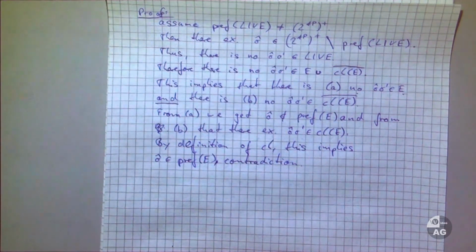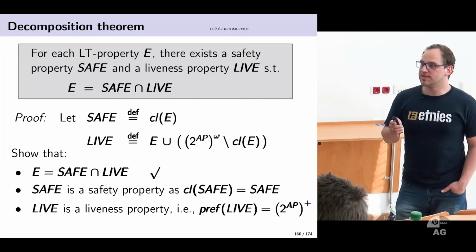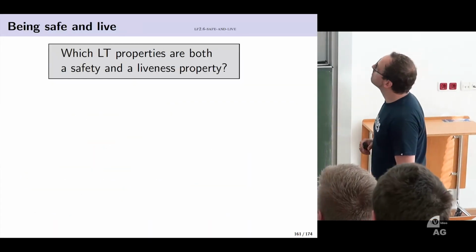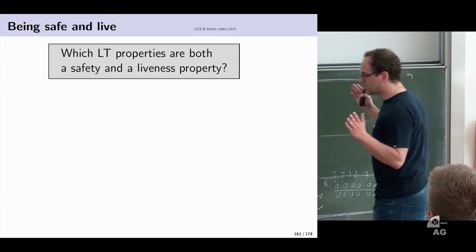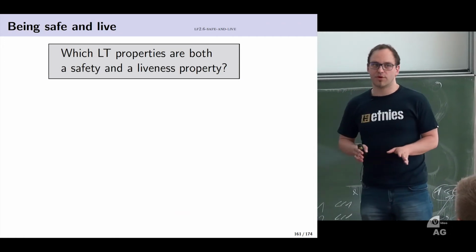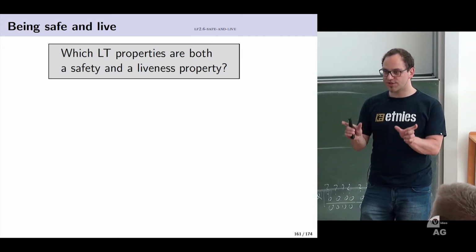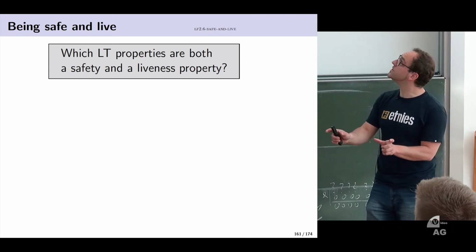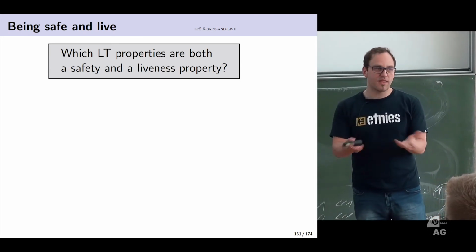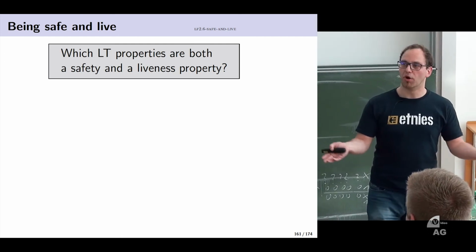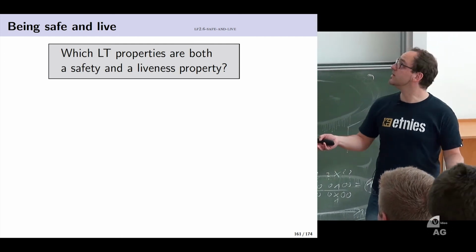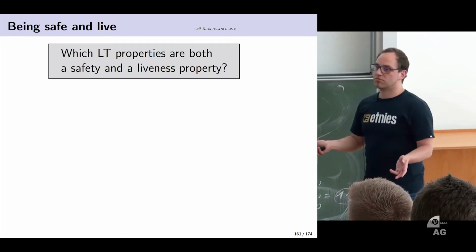Okay, we will be done right on time because there is only one slide missing that I will show you. So we have just seen that every linear time property can be decomposed into a conjunction of a safety and a liveness property. But are there properties that are both liveness and safety? What would you say?